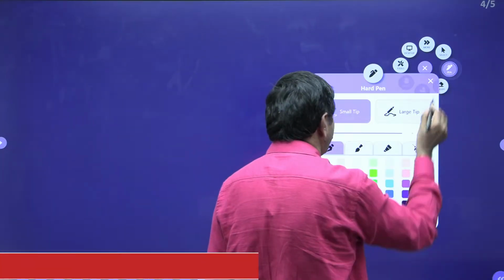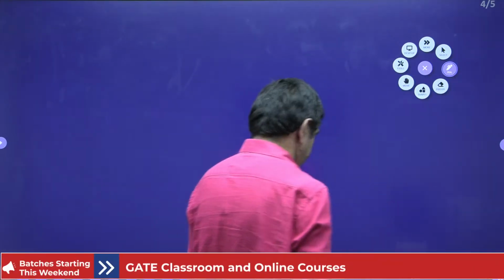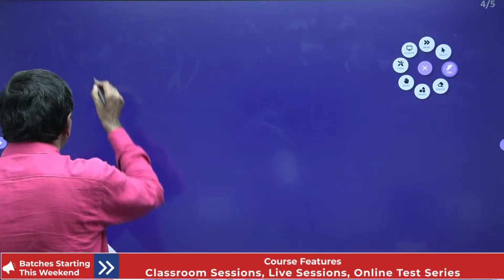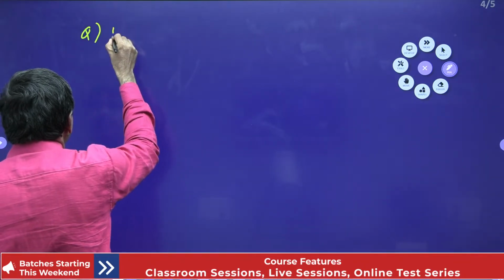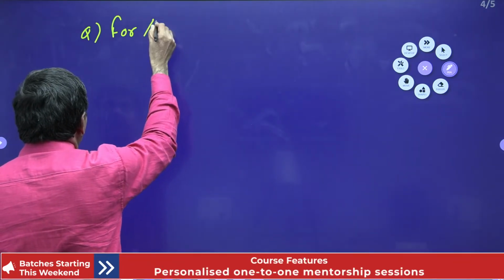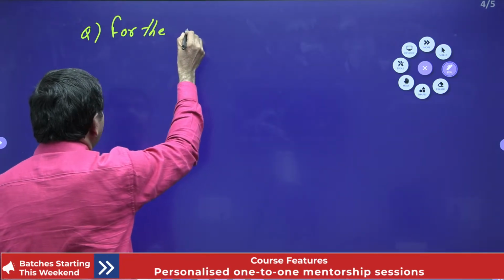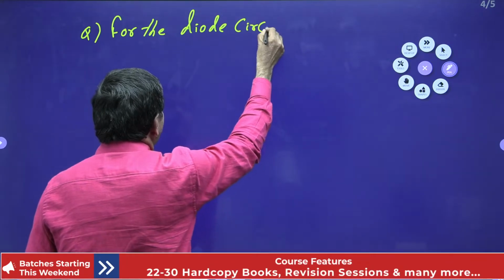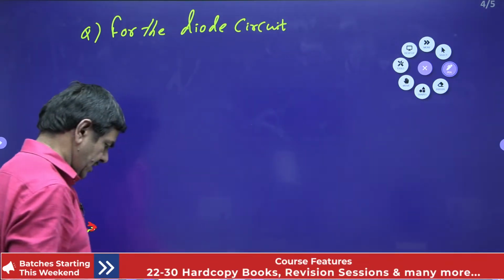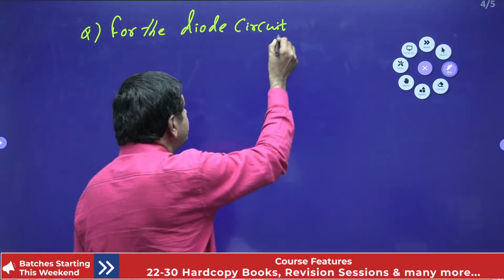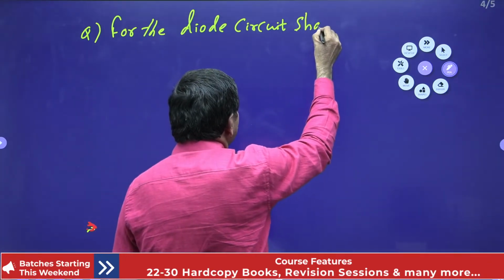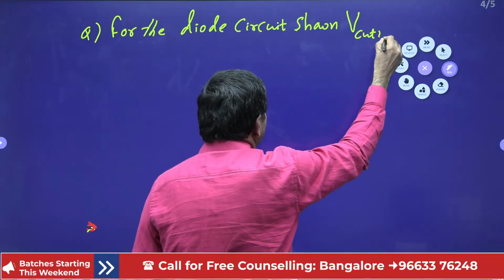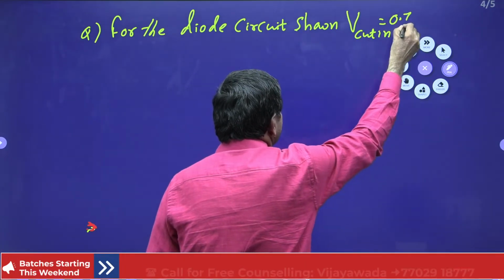The next problem: in the circuit shown, for the diode circuit, the cut-in voltage of the diode is given as 0.7 volts.